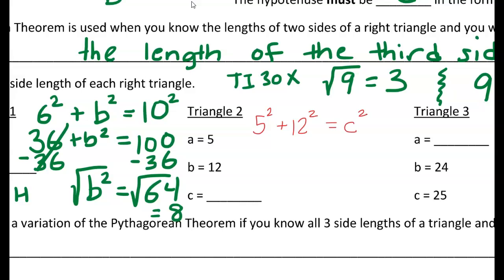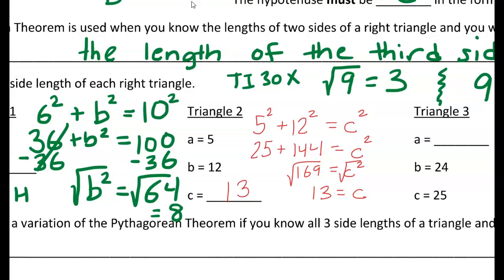We'll evaluate each of these, so 5 squared will give you 25, plus 12 squared, which is 144, equals C squared. And so this is the easier one, because now all I have to do is add them, get 169, and now I take the square root of both sides and get 13. And that will be my answer.